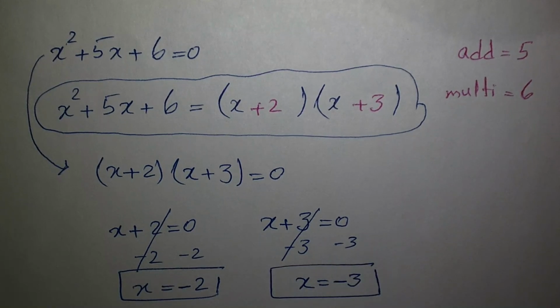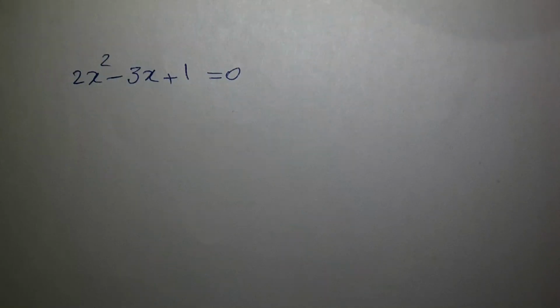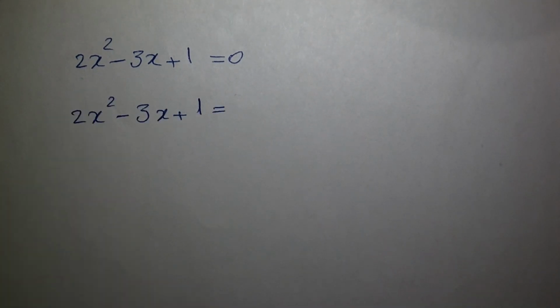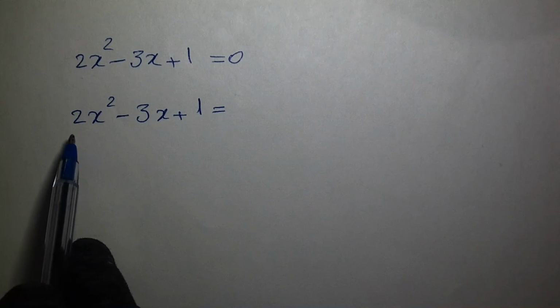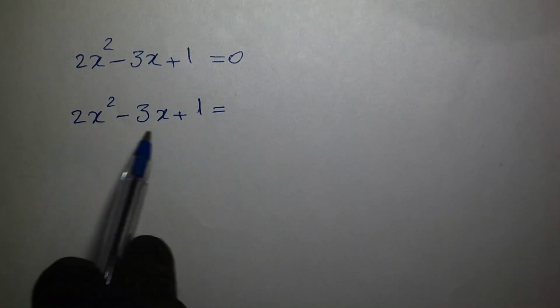So you see that we can solve a quadratic equation in standard form by factoring. Let's check another example. In this example, you see a is 2. To solve this quadratic equation by factoring, first I'm going to factor the left side.